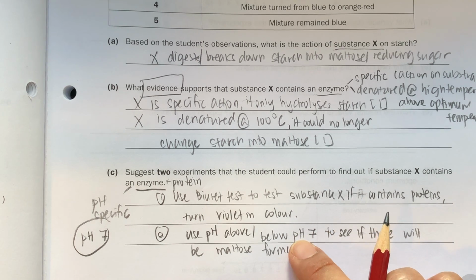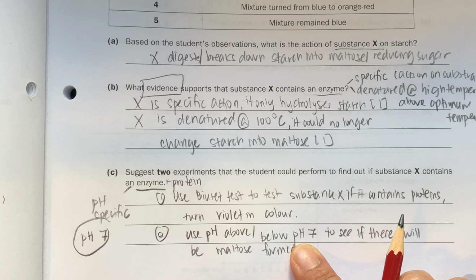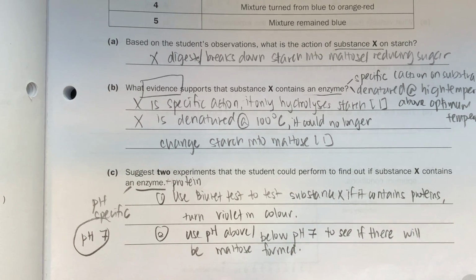Because above and below pH 7, whether it's 5 or 6, the enzyme is inactive. Beyond 6 and 8, it will be denatured.